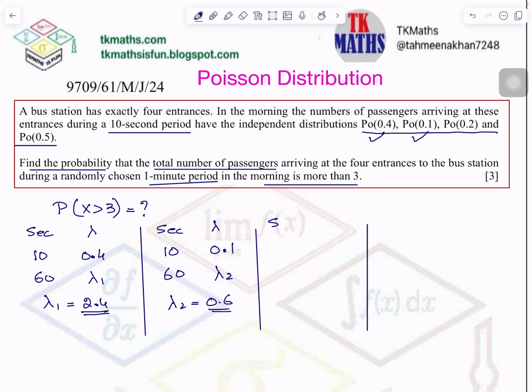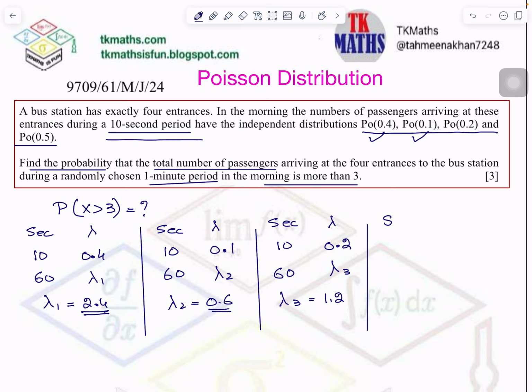What about the third one? For 10 seconds, lambda is given 0.2, but you have to change it to 1 minute. Again 60 times, I'm calling it lambda 3. 60 times 0.2 divided by 10 is 1.2.